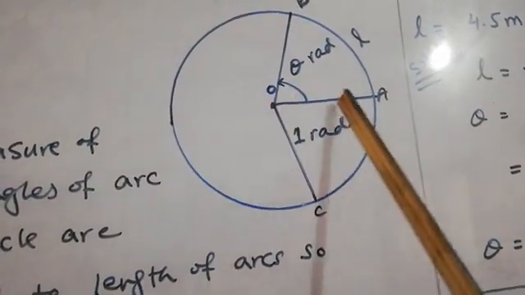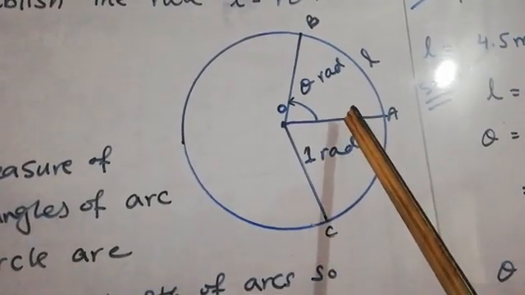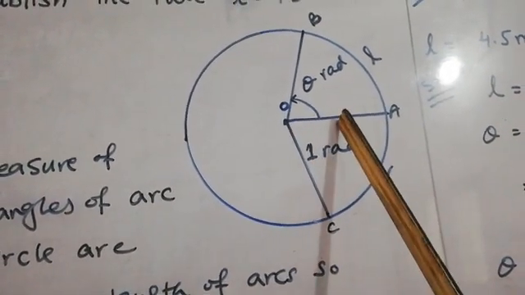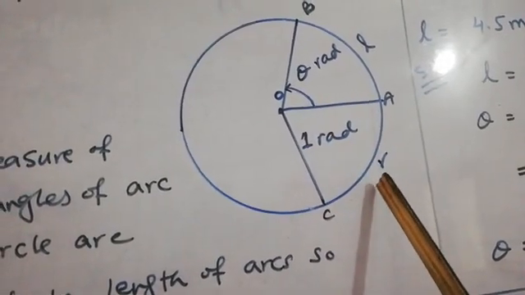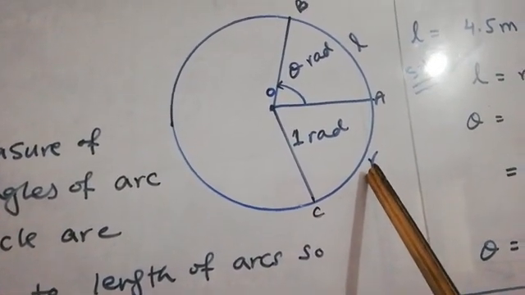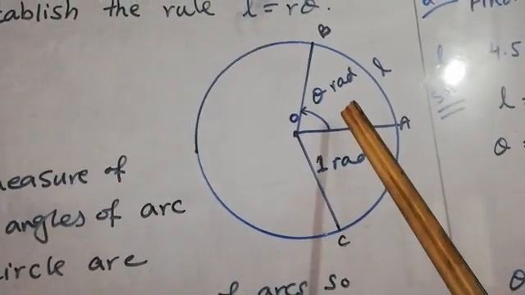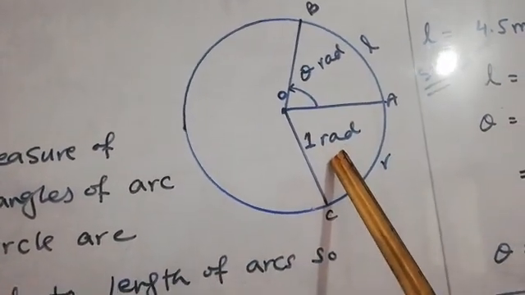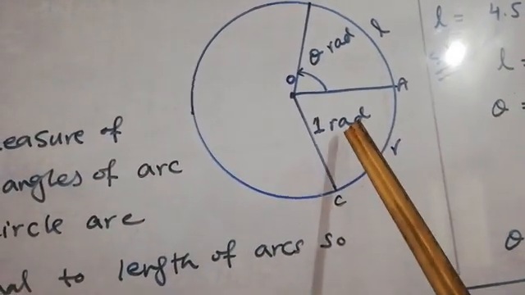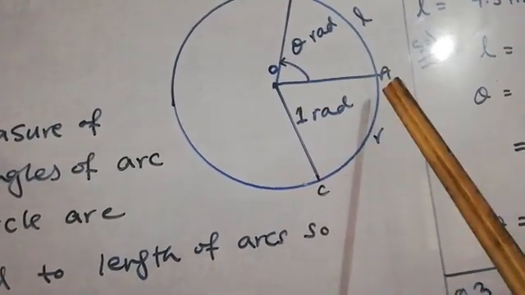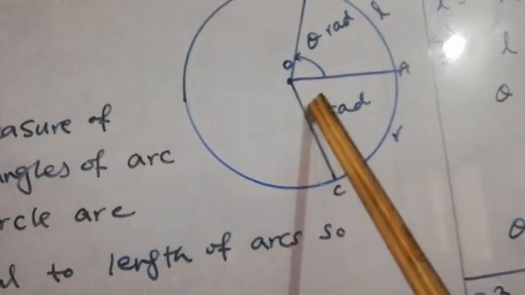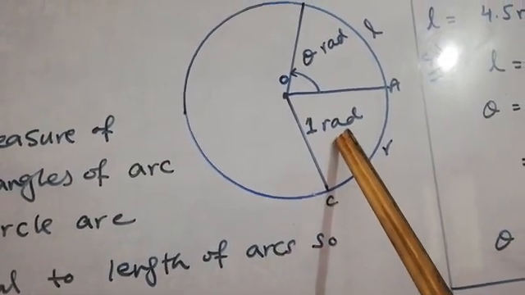We denote the length of the radius by r, and the length of arc is L. When L is equal to r, the measurement of that angle is equal to 1 radian.